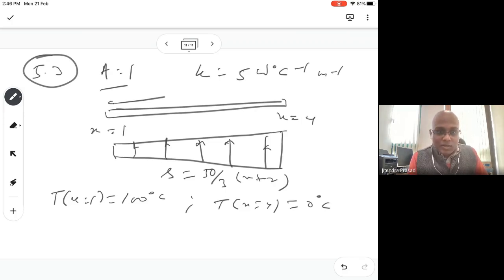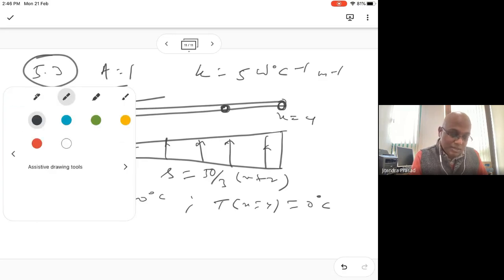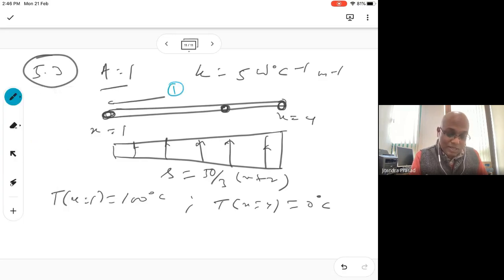Divide the bar into 2 elements as shown in the figure. Element number 1 is this, element number 2 is this.